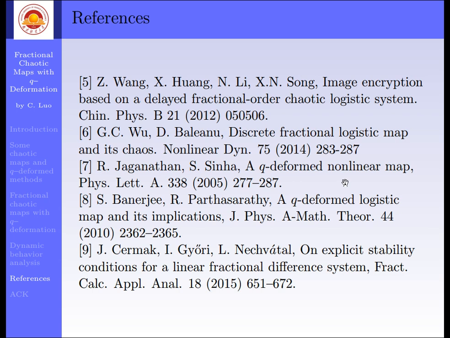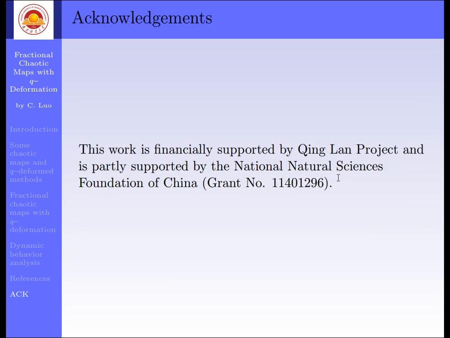Furthermore, the stability of the two-dimensional case has been investigated and verified by computer numerical simulation. Since there are many other q-deformation methods, for example, the q-fractional calculus on time scales, we will compare the results in the future. Okay, thank you.